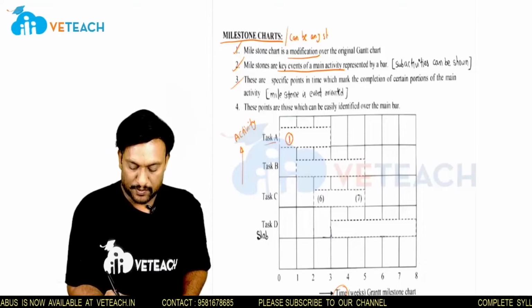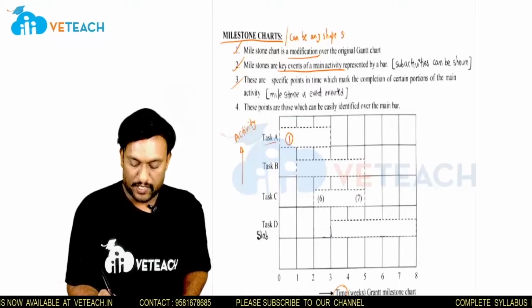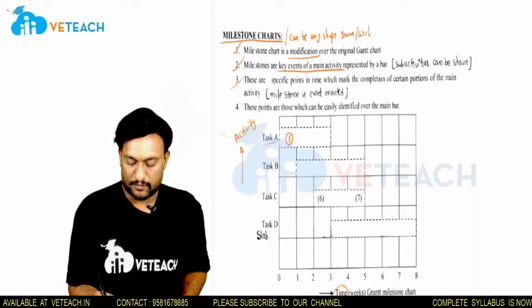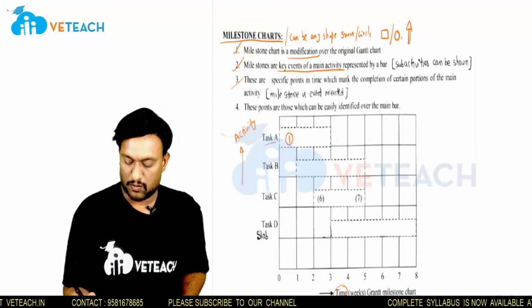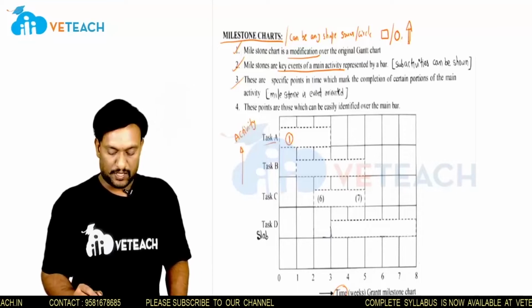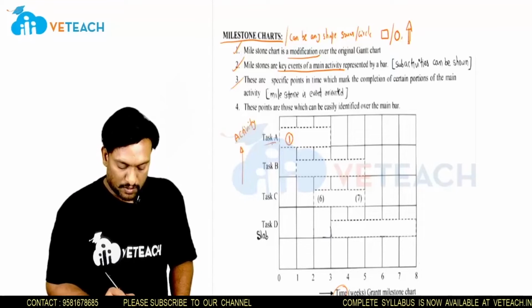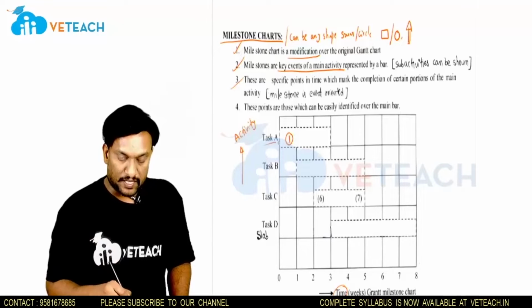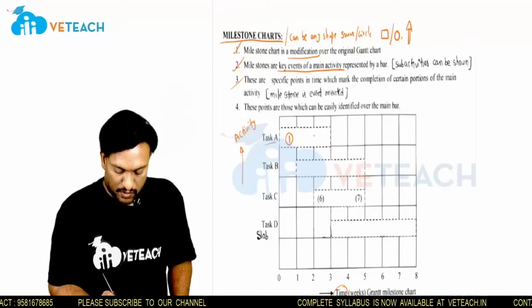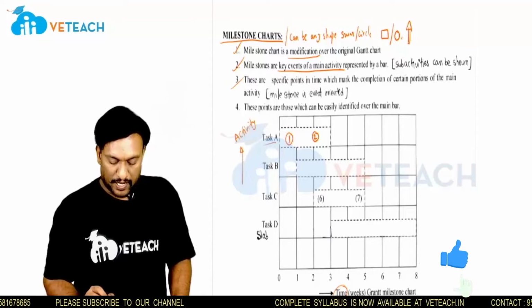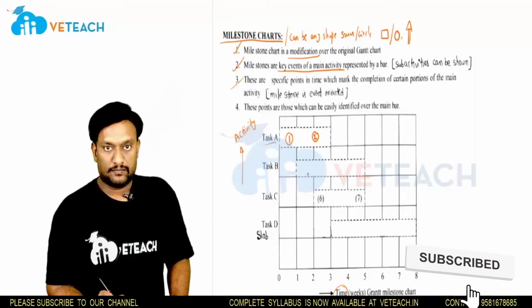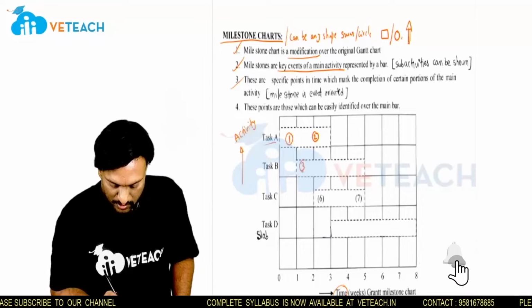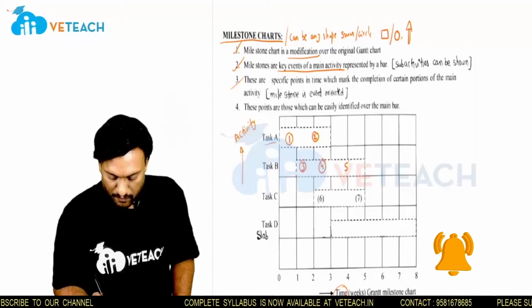It can be any shape, like a square or circle, or you can represent it as upward arrows also; any way you can represent. Here I am assuming task A, with further events like 1, 2. Here I am representing task B, say for example footing, again represented with 3, 4, 5.